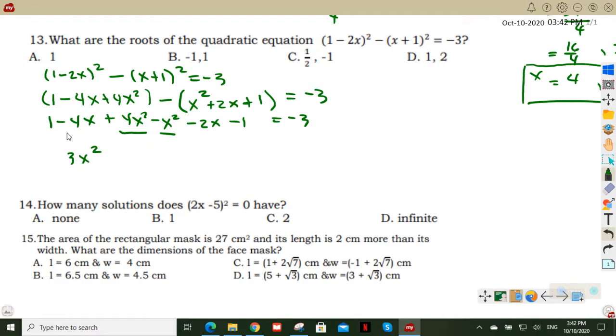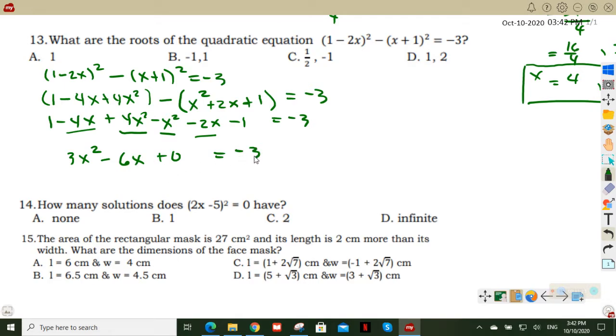And then I have negative 4x and 2x. I have negative 4x minus 2x, right? That will be negative 6x. Then 1 minus 1, basically that's 0, is equal to negative 3.